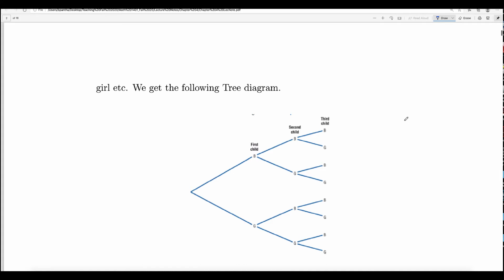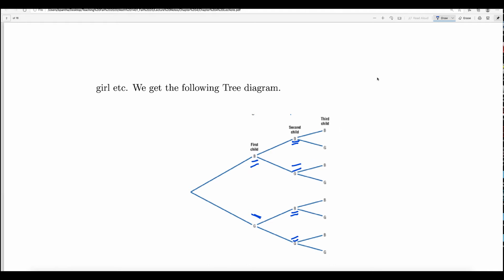This is how you draw the tree diagram. So the first child can be either boy or girl. If the first child is a boy, the second child can be boy or girl. Similarly, if the first child is a girl, the second child can be boy or girl. And similarly for the third child.